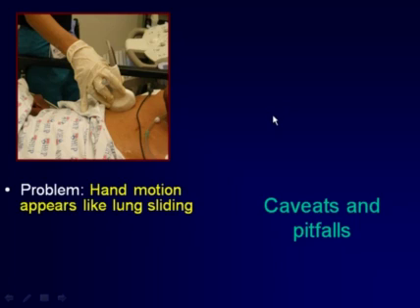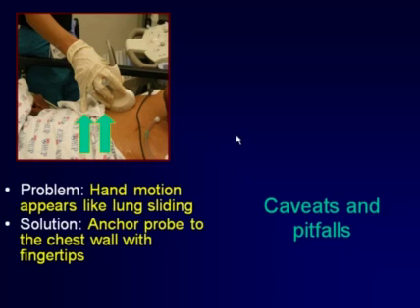In terms of technique, a really important skill when starting out and as one is performing this exam is steady anchoring of the hand on the skin. What that requires is that the fingers, oftentimes 2 or 3 fingers, are slid down here along the edge of the probe and held in contact with the skin.